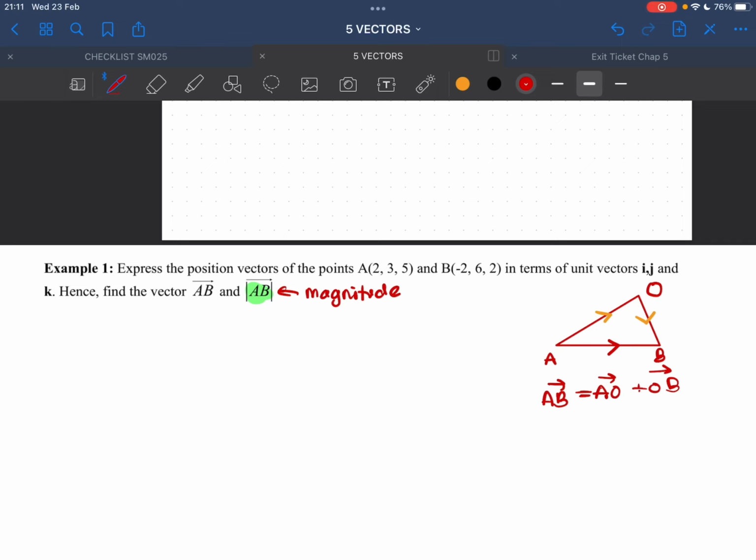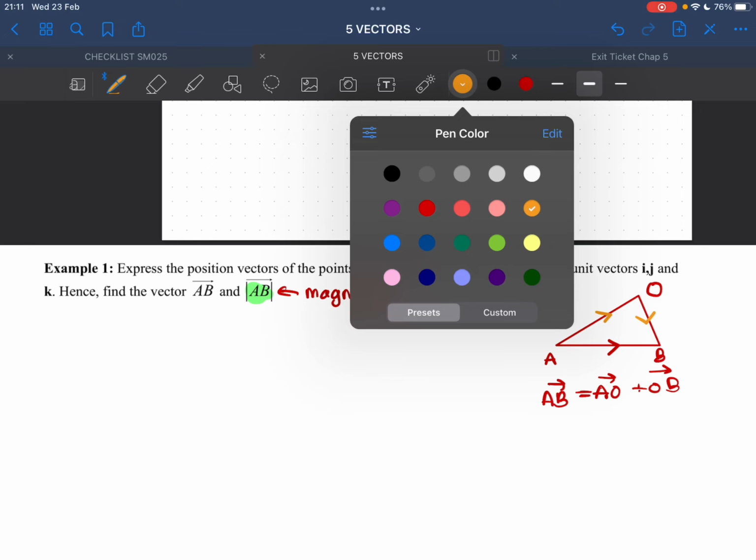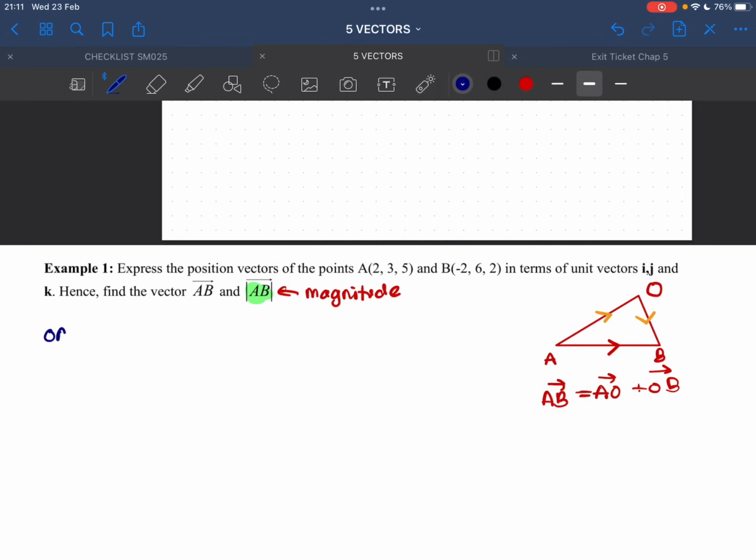But now, if you see here, the position vectors of the points A and B. So what is a position vector? We know that a position vector is a vector that starts from the origin, that is, from O. So from here we know that OA is equal to 2i plus 3j plus 5k.